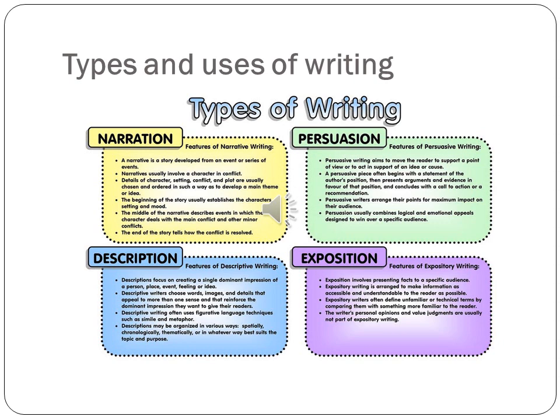The description is about describing and giving features of some item or object. Persuasion is about persuading people to buy a product, to convince them about something. And exposition is to expose and shed light on some facts. So it's related to writing about something we know, or something we would like to give people more information about.